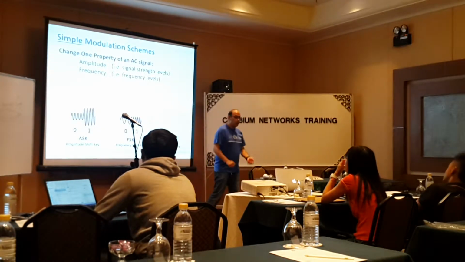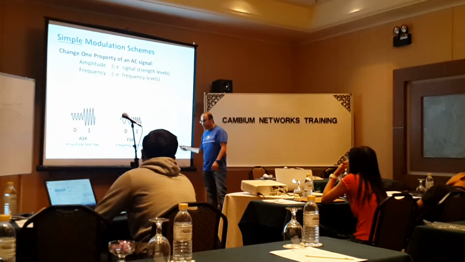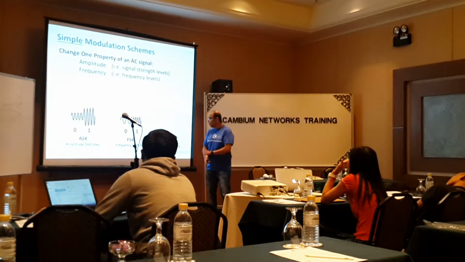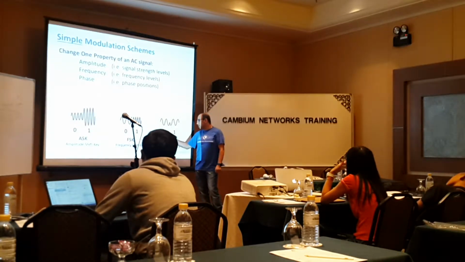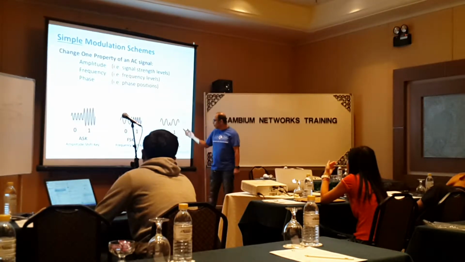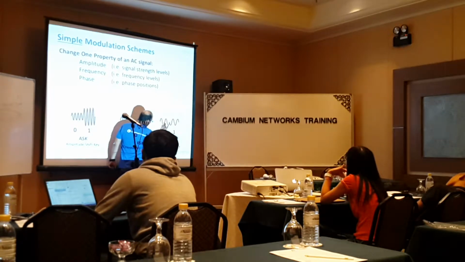Different frequency. Another type of modulation is PSK, or phase shifting key. What is phase shifting key? For example, this type of signal shows 0, this type of signal shows 1. But because they are not really connected together, you cannot send 0 and 1 together. What you need to do is change the phase of this one to start from bottom to top, not top to bottom.